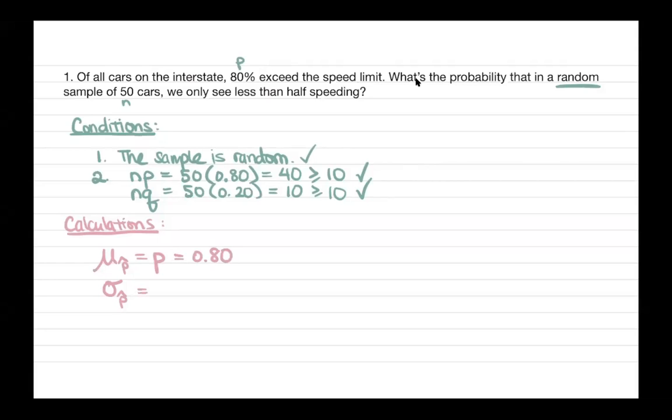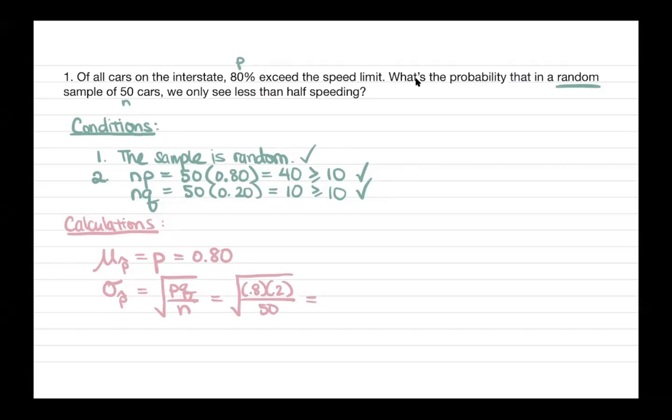Moving on, we are running a little out of time, so I will continue. Standard deviation is our second formula right here. So I got square root of PQ over N. Plugging in the numbers, I get square root of 0.8 times 0.2 all over N of 50.